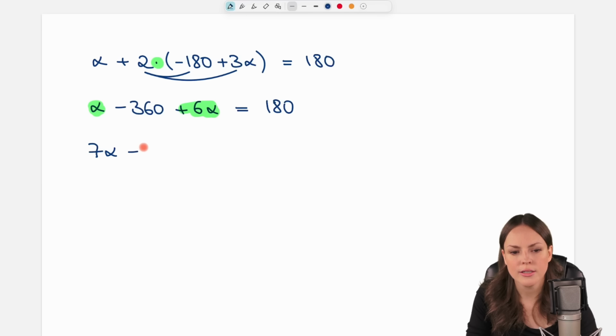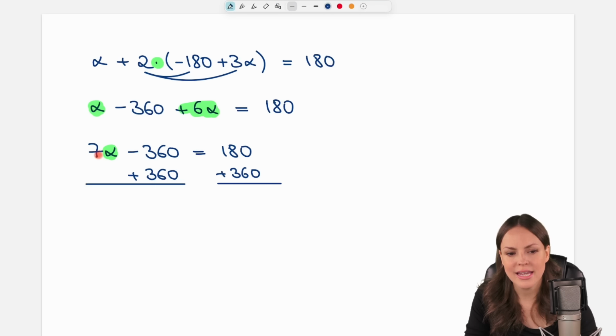We subtract 360 and get 180. To solve for alpha, let's get rid of the -360 here by adding it on both sides of the equation, so that we have the 7 alpha here on the left side. This cancels out, and on the other side we have 540.